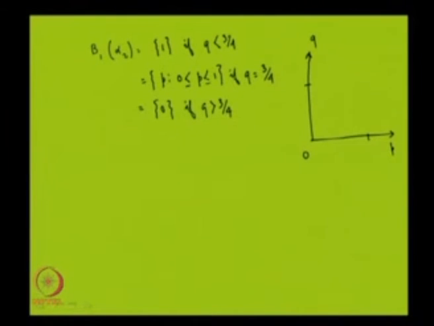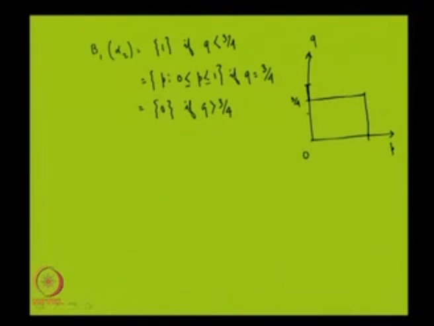The critical value for q is 3/4. So, suppose this is 3/4. If q is less than 3/4, p is equal to 1. If q is equal to 3/4, p can take any value. If q is greater than 3/4, p is 0.